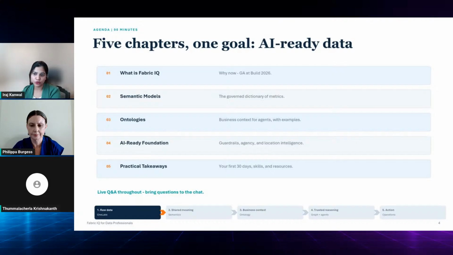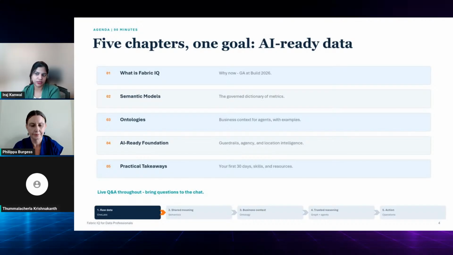So we will be going through some topics throughout our session. We will first define what Fabric IQ is and why it matters now. Second, we will talk about semantic models. Many of you have already been through Power BI, and if you have not thought of them as AI yet, you will. Third, we will go deep on ontologies.